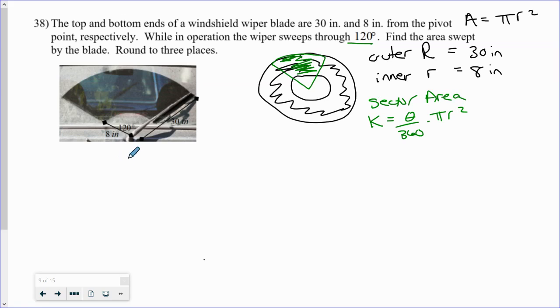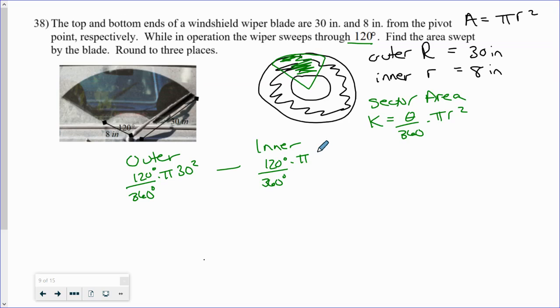So our outer sector area is 120 over 360 times pi times 30 squared. We're going to subtract our inner, which is still 120 over 360 times pi times 8 squared. That's an 8.